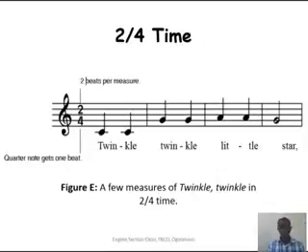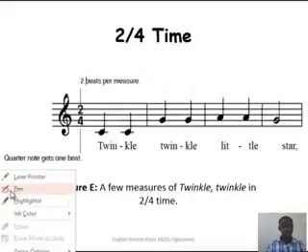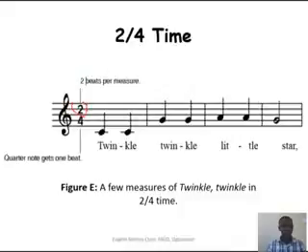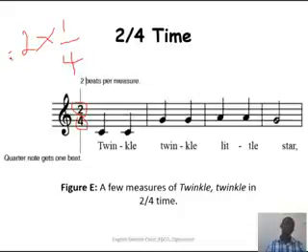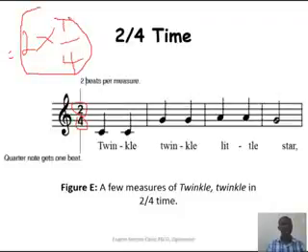Let's move on as we talk about 2/4 time signature. As you can see in the example, the top number is telling you that you have 2 beats in this bar, and the bottom number is telling you that the quarter note has a beat value of 1. Let's do a simple mathematical equation. Your 2/4 can be equal to 2 multiplied by 1/4, and this 1/4 represents what you know as your quarter note, because the word quarter means 1/4.